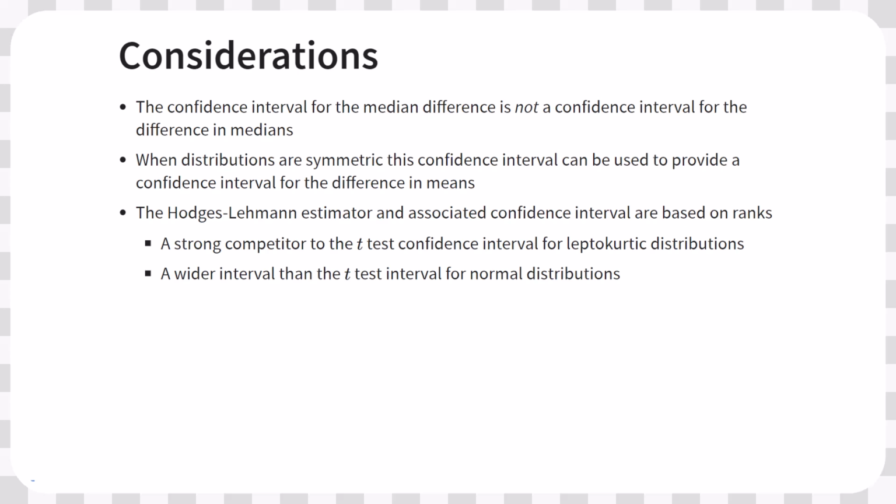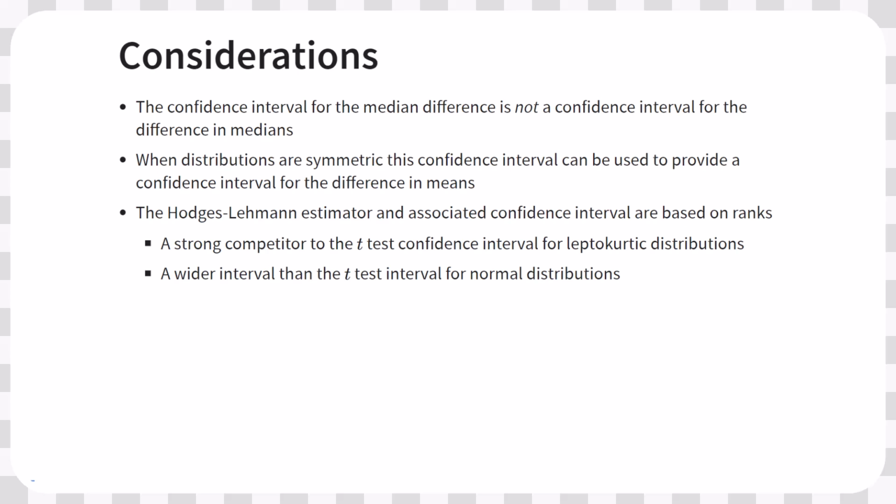The Hodges-Lehmann estimator and associated confidence interval are based on ranks. That tells us that this interval is going to be a strong competitor to the t-test confidence interval when we have heavier kurtosis than the normal distribution, a larger kurtosis, more than 3. That is when we have heavier tails than the normal distribution and a higher peak. It's a wider interval than the t-test when we have normal distributions.